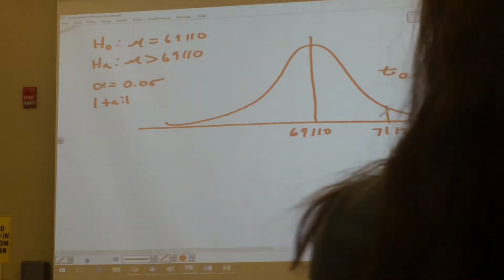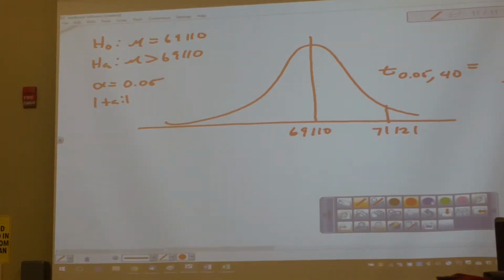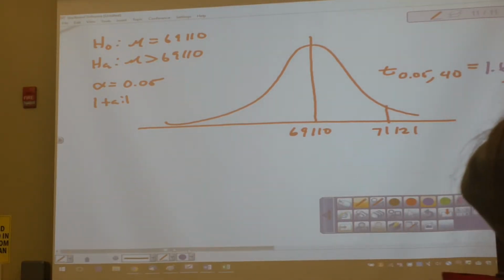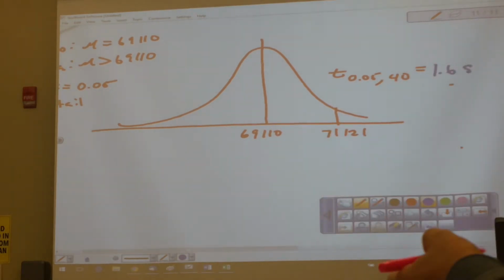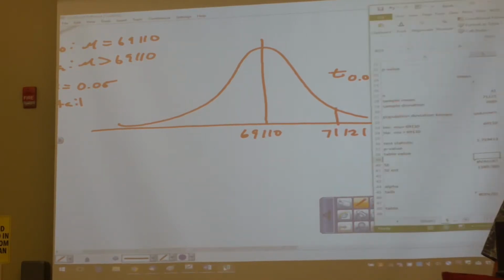So I get a table value of 1.684. Now we go back, and we already calculated it. My table value is 1.684. What's my test statistic? 1.71.